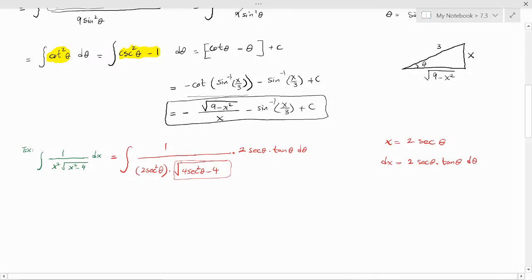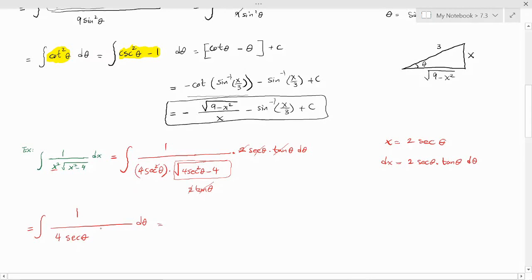This term is 2 tangent theta: you can factor out the 4, secant squared minus 1 is tan squared, so the square root would be 2 tan theta. So the integral simplifies to: the 2 can cancel out, tangent can cancel out, and you can cancel out one of the secants with one of those secants. By the way, this was supposed to be 4, because there is a squared here, x squared. So what we end up with is 1 divided by 4 secant theta d theta.